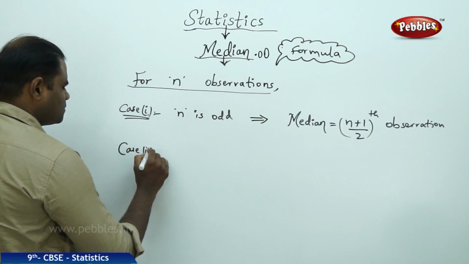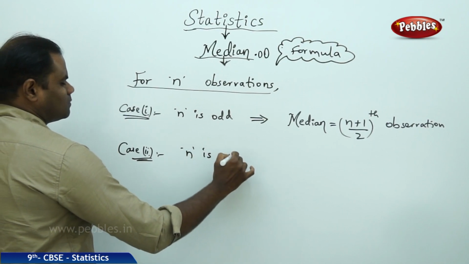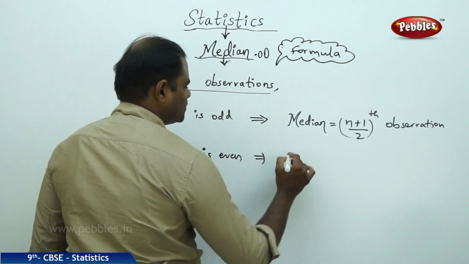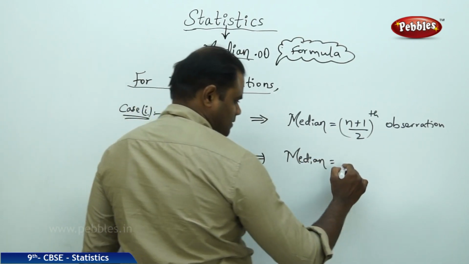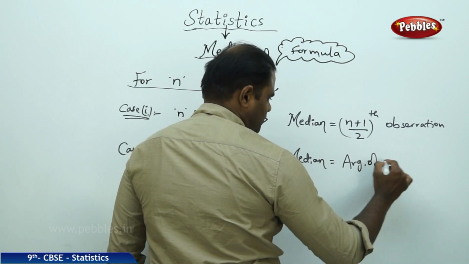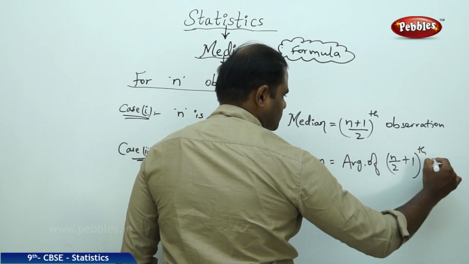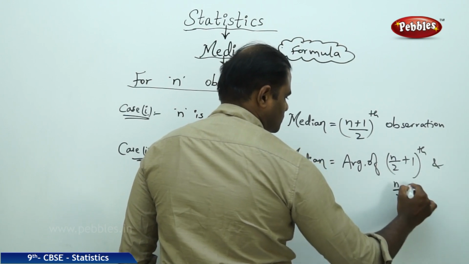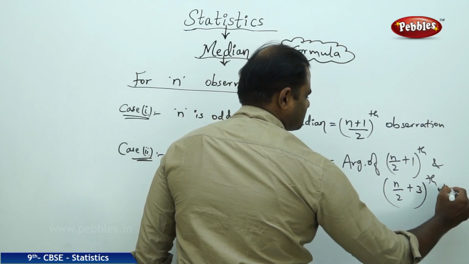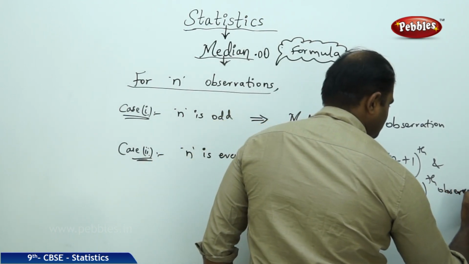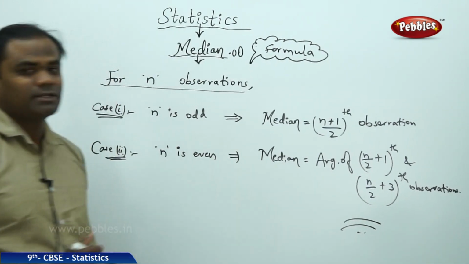Case 2, n is even, implies median is average of n by 2 plus 1th and n by 2 plus 3th observations, is how we understand.